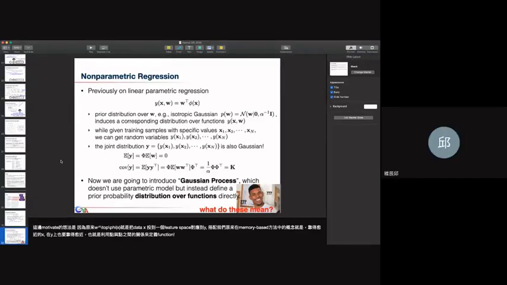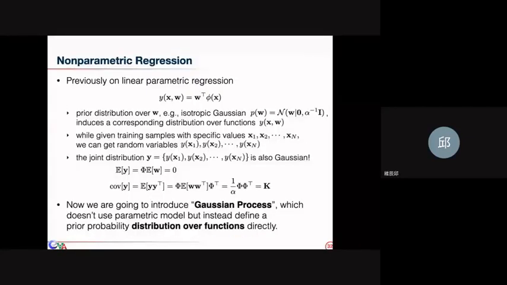Because now I just want to give you a very high-level idea. Again, the intuition behind is that if I have two data points that are close to each other, then I would expect their y to also be close to each other.